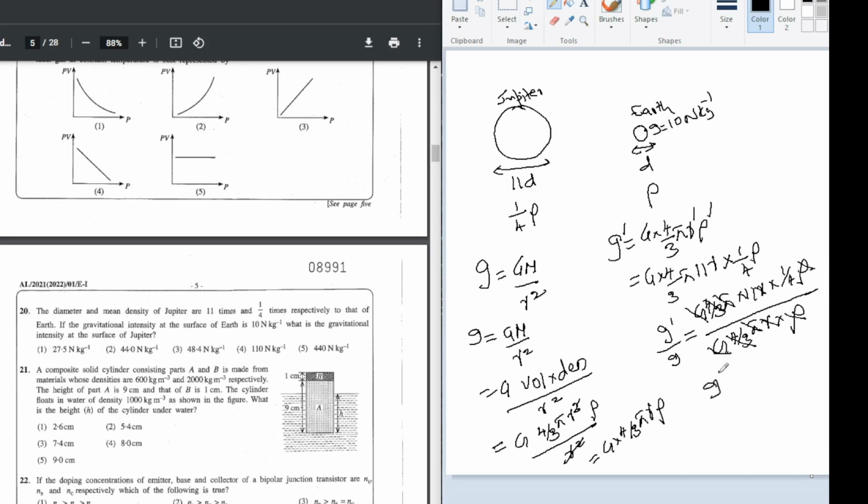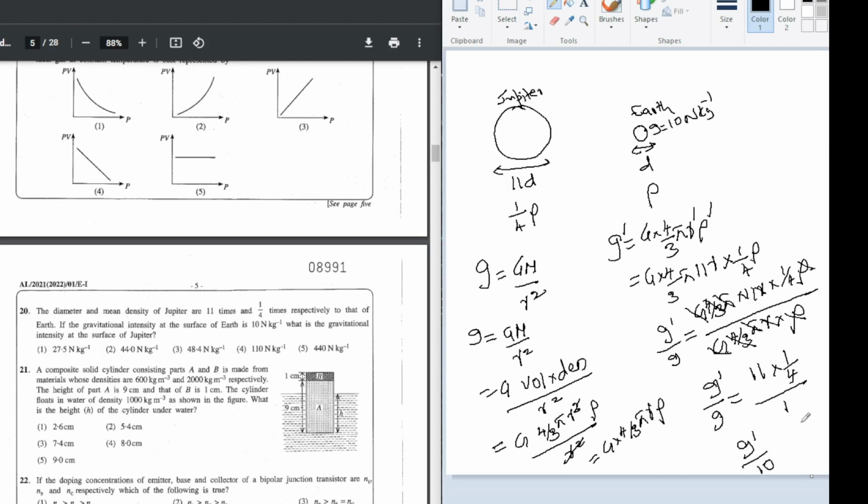Then we have g dash over g equals 11 into 1 over 4, divided by 1. And we know that g is 10, given.